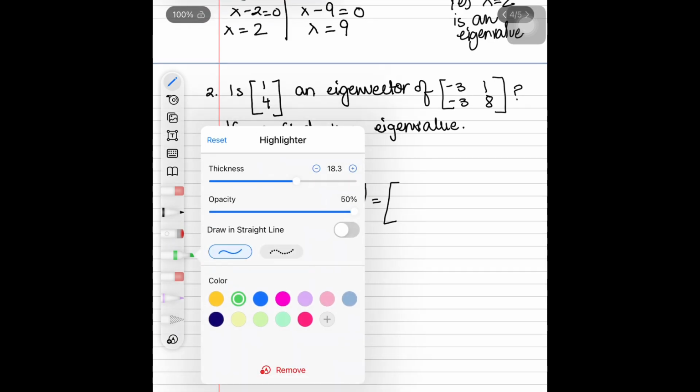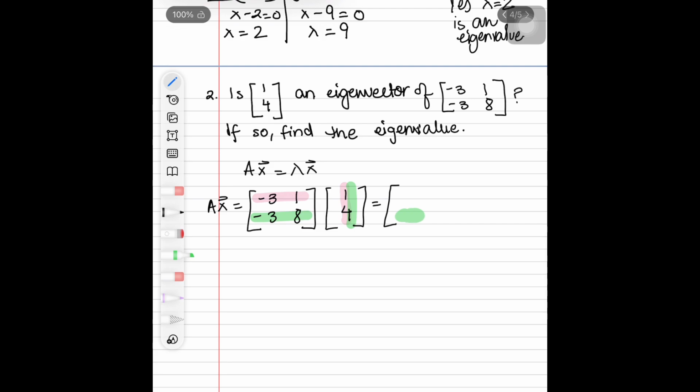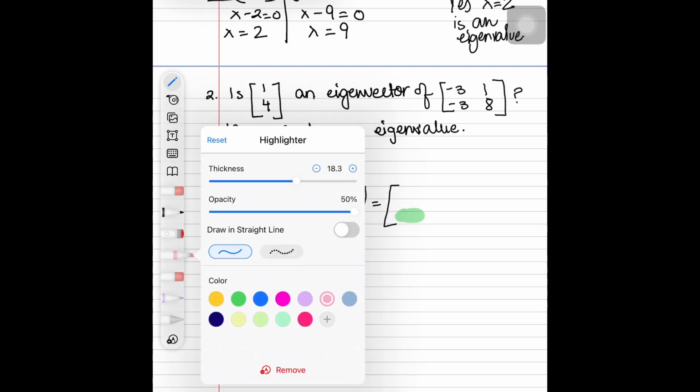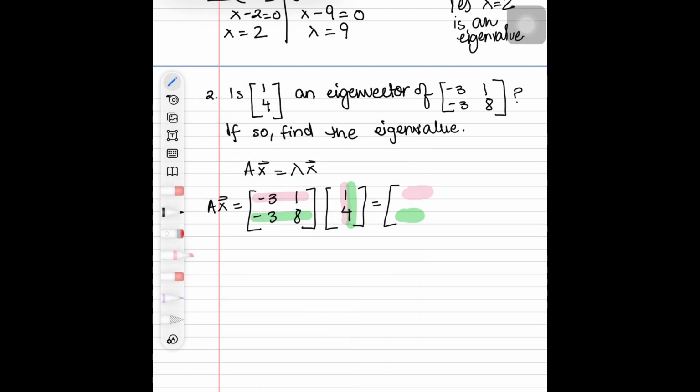So the green one would be at the bottom, and the pink one is going to be at the top. Okay, so negative 3 plus 4, and negative 3 plus 32, and we're getting 1 and 29.